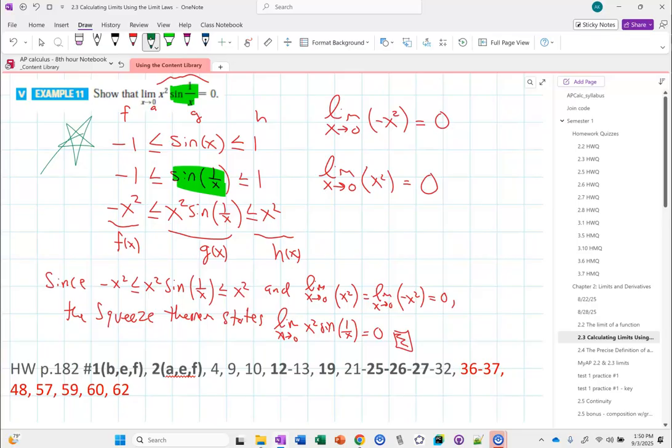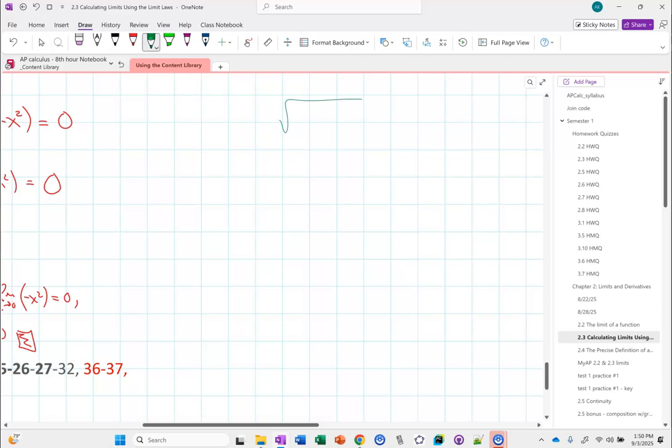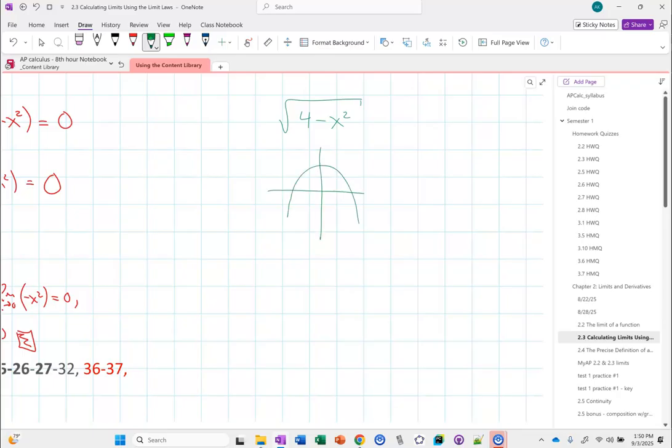Go ahead. We were also saying about the difference of perfect squares. Yeah, like if I have a square root of something like this. So if you think about the graph of this thing, it looks like that, right? Where this is like -2 and this is +2.